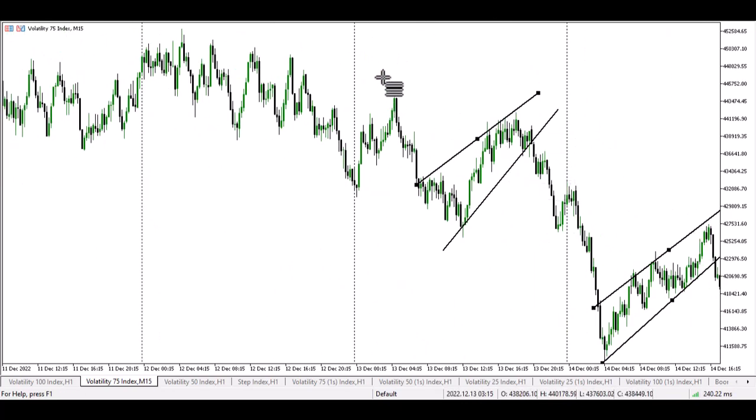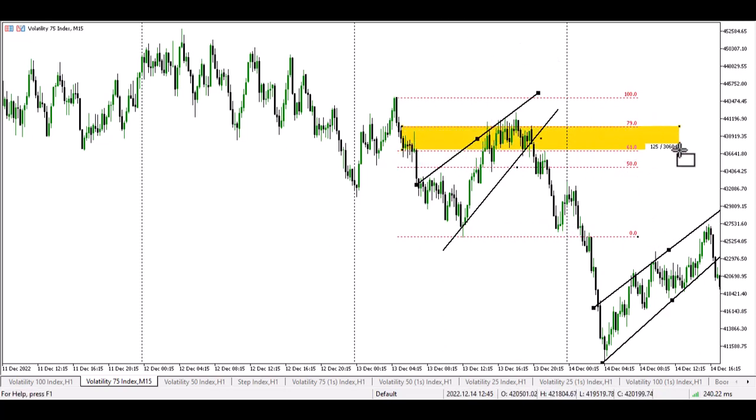So this is the top of the first impulse, and this is the low of the first impulse. If you drag your Fibonacci right here, you will see that we have the 61.8 level and the 79.0 level, and this is the zone that you are looking for. And as you can see, if you were to trade this, your stop loss would have got hit.